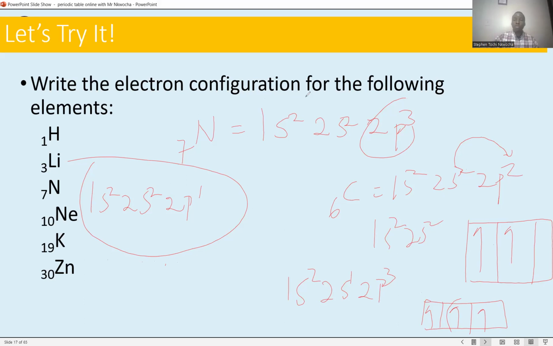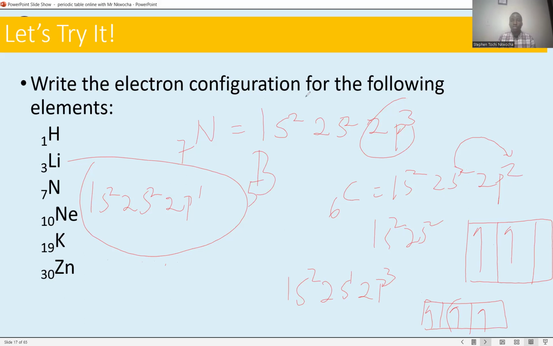So back to that question, how do I know if it's a metal or a non-metal? Once it has s and p1, that means it's going to exhibit metal property. Something like boron. Boron is number 5 in the periodic table: hydrogen, helium, lithium, beryllium, boron.